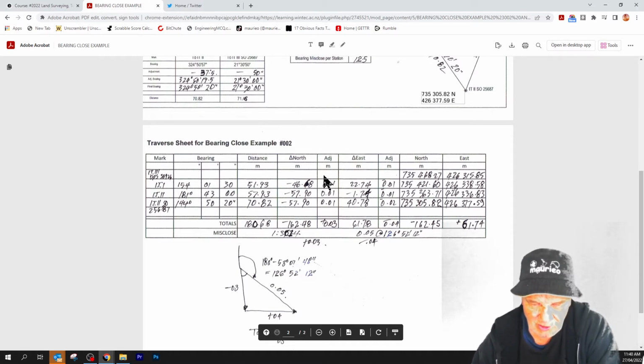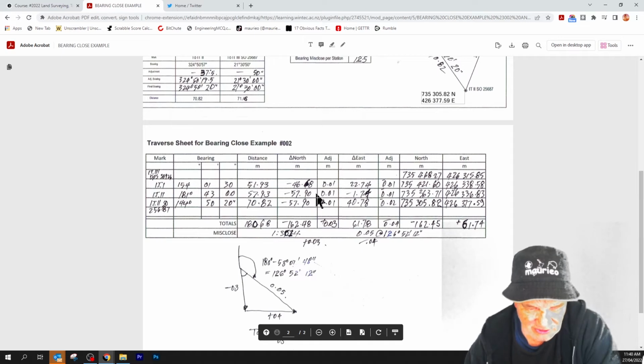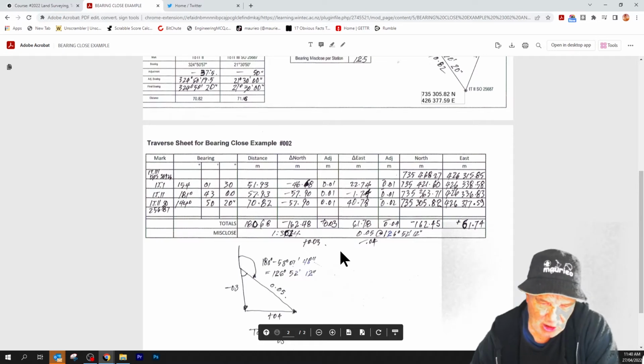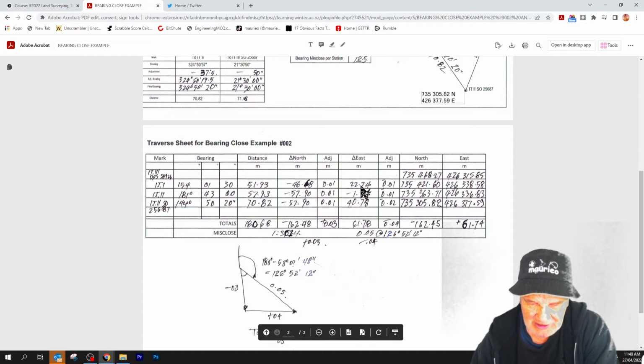We then run these out. In this case, I've worked to the nearest 0.01 here, so the nearest centimetre. So we run these out. Remember, it's the cosine of the bearing times the distance that goes here, the sine of the bearing times the distance that goes here.